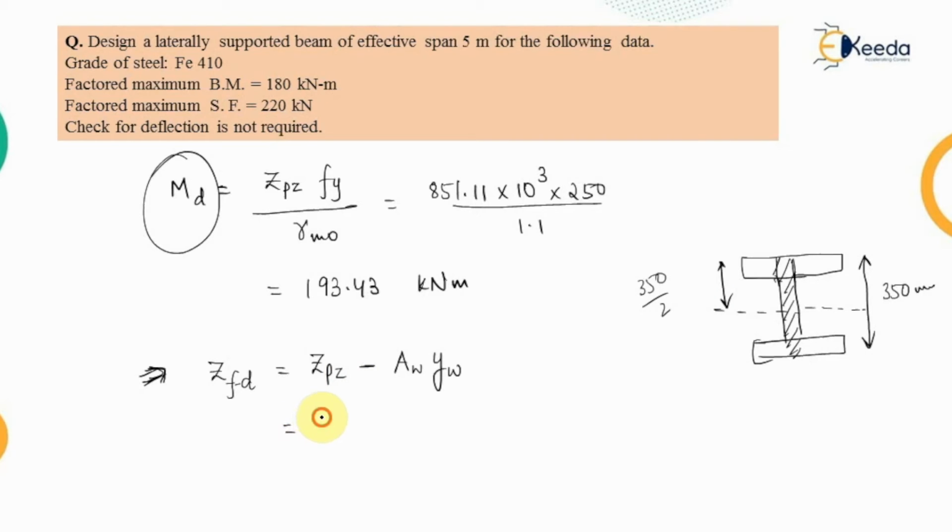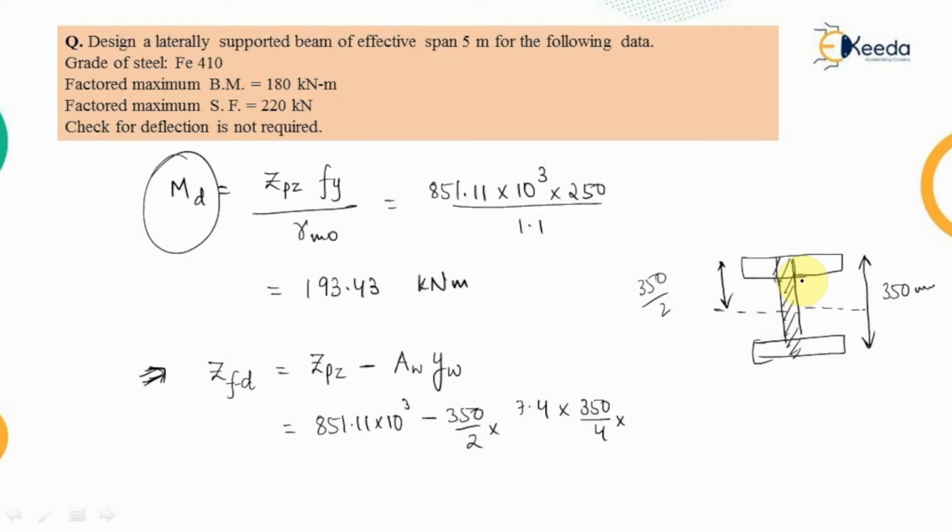So this ZPZ value was 851.11 into 10 raised to the power 3 minus this AW value, which will be 350 divided by 2 into the thickness of the web, 7.4 millimeter. This YW value is 350 divided by 4. So we will be subtracting the web area which is dominant in shear.